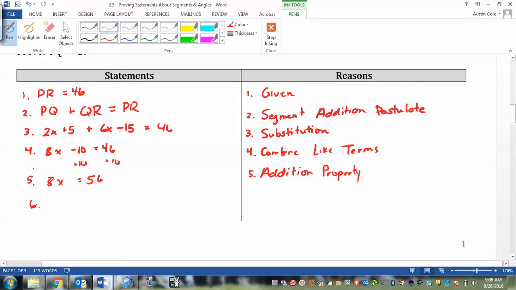Dawson, last thing we should do. Divide by 8 on both sides. Great. So x then is going to equal 7, and that is the division property. Questions, comments, concerns there?